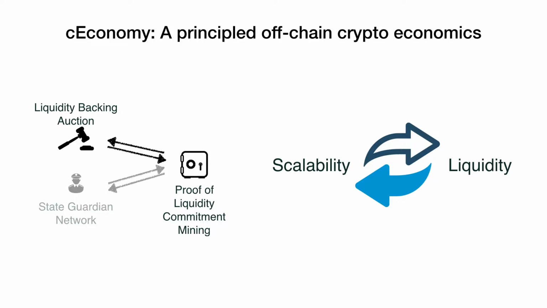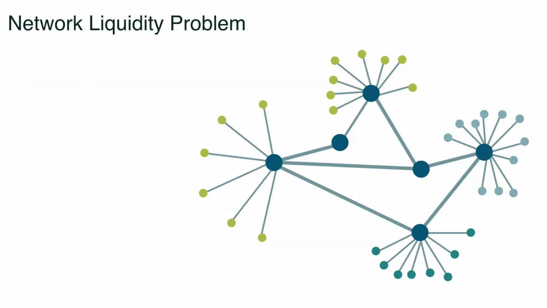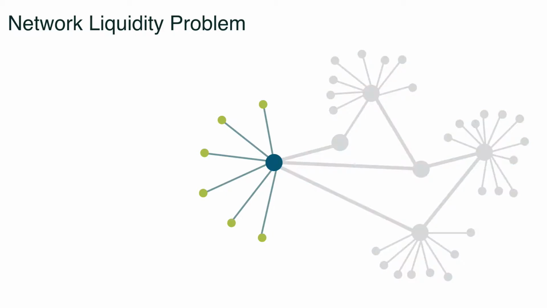What's the trade-off? First thing is liquidity. So what's the network liquidity problem? Remember what I mentioned, that this is a user and service provider model. For a user to connect to the network is totally fine because they just need to deposit money with a service provider and be done with it. But being a service provider is actually a very hard job, because the service provider needs to have a lot of outgoing deposit to these end users to be able to run as a service provider.